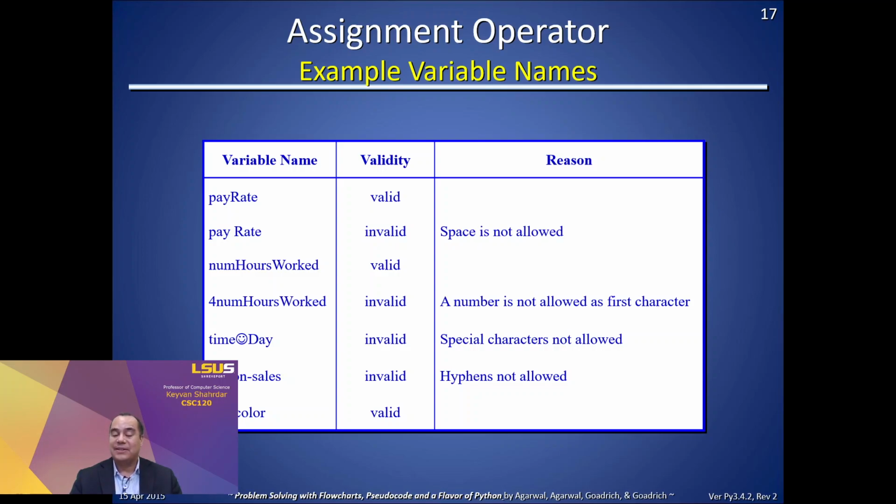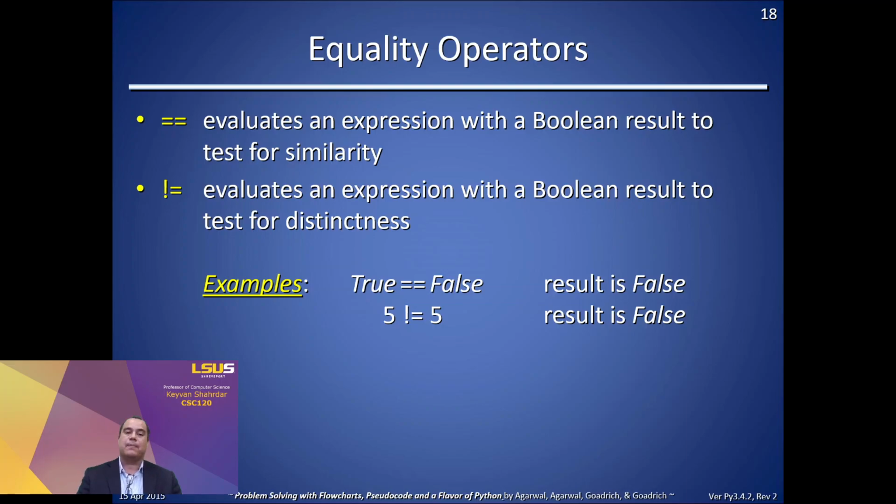Time, happy face, day, that's invalid because you cannot have special characters in your variable. Region dash sales is invalid because hyphens are not allowed. Now you can make it region underscore sales, and that would be valid. Such as car underscore color, that would be valid.